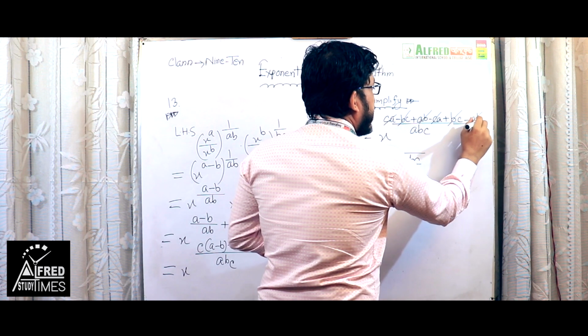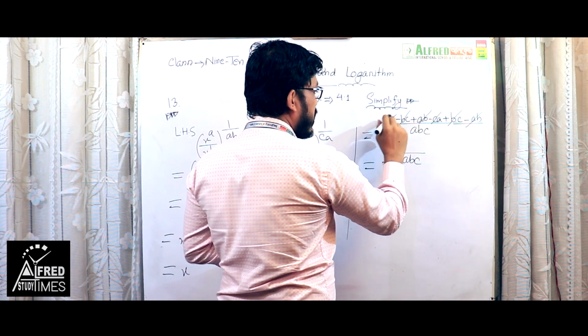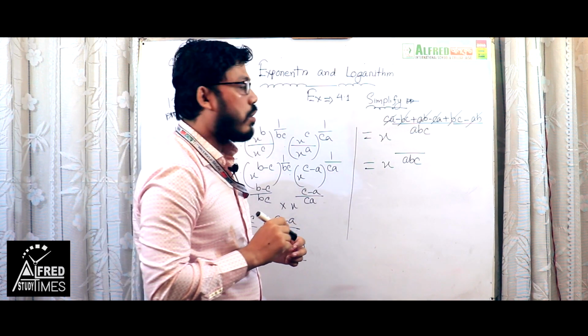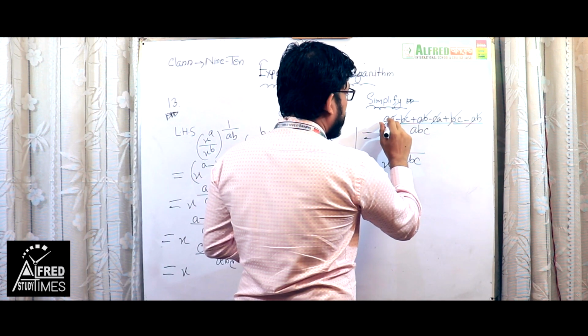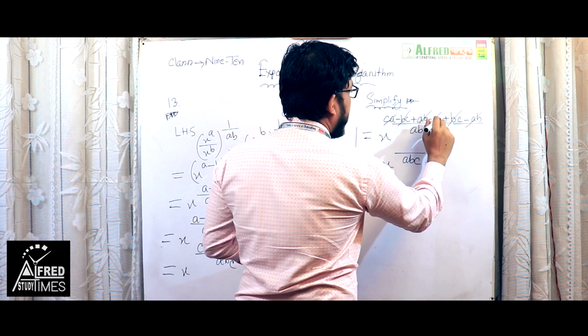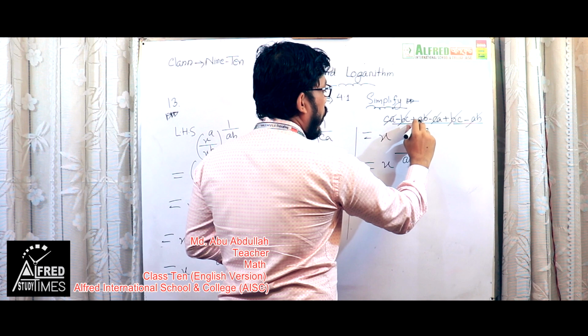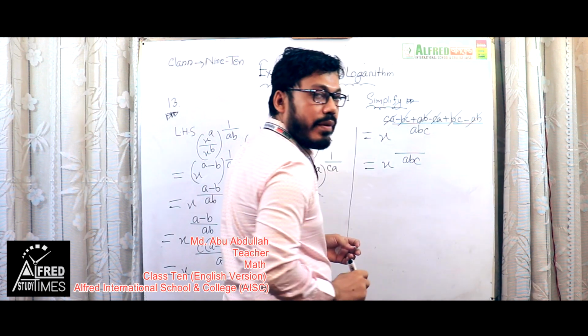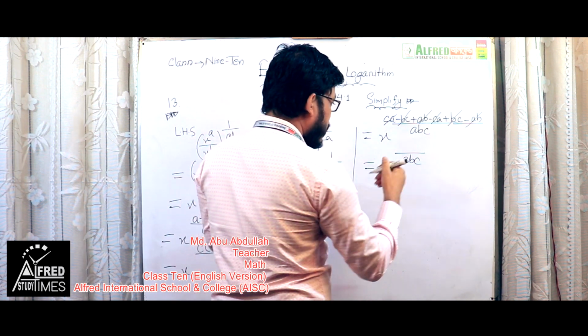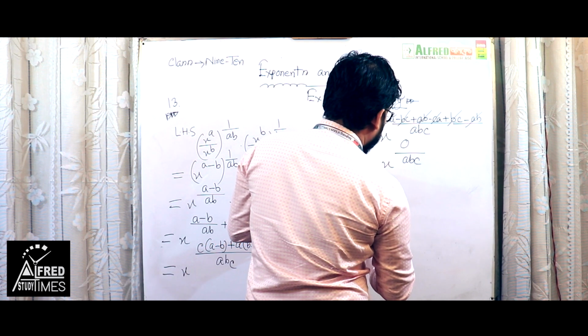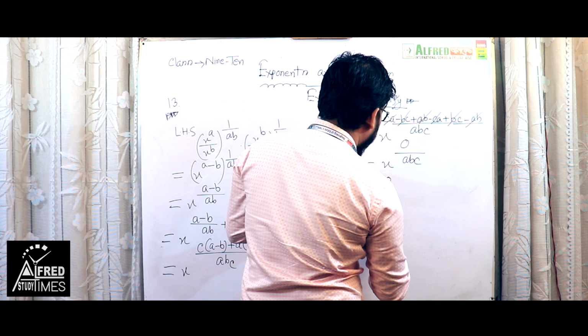There are total 6 elements, 3 pairs, which all are same base having opposite sign. So plus CA and minus CA can be banished, minus BC plus BC can be banished, also plus AB and minus AB banished. So we get 0 as the power of base x.